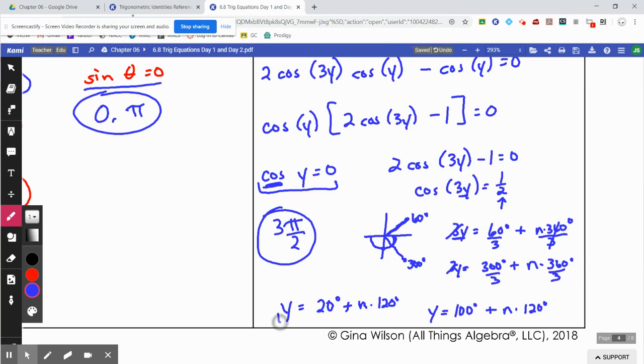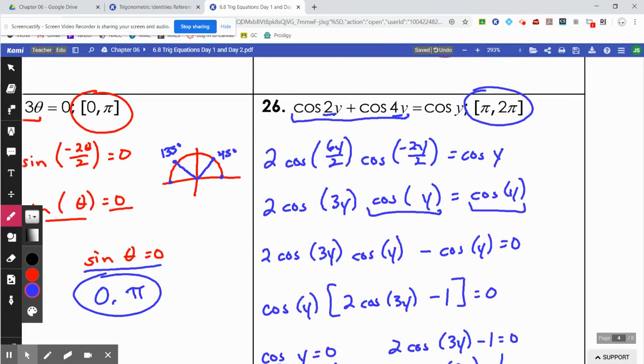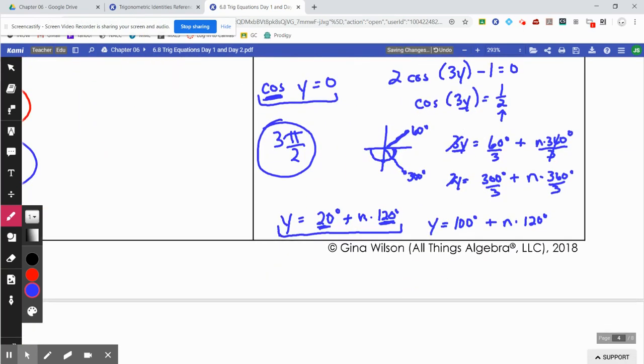So let's interpret this now. 20 degrees is one answer, plus 120 would be 140 is another answer, plus 2 120s, plus 3 120s, plus 4 120s. I only want the answers between 180 and 360. So all answers between 180 and 360.